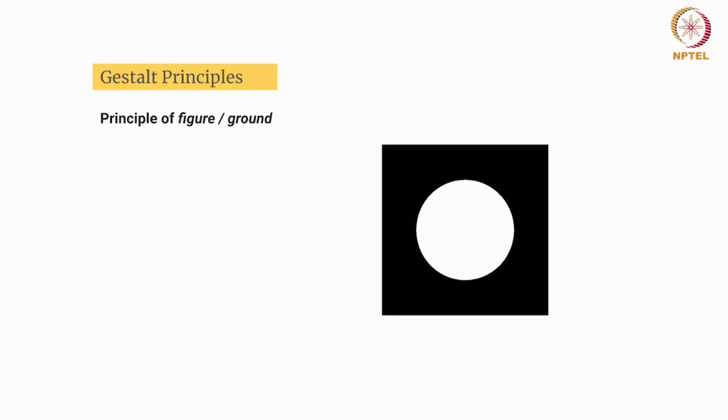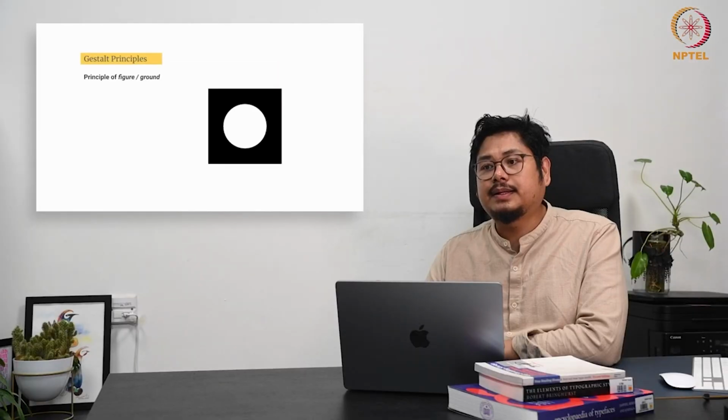When you see this image, you can definitely see within this border there is one foreground and one background. The foreground is the white circle and the background is the black square. And this is how most compositions, especially visual compositions, work.